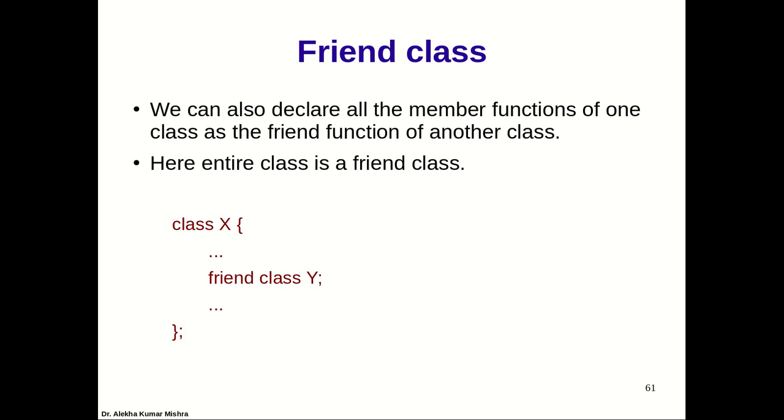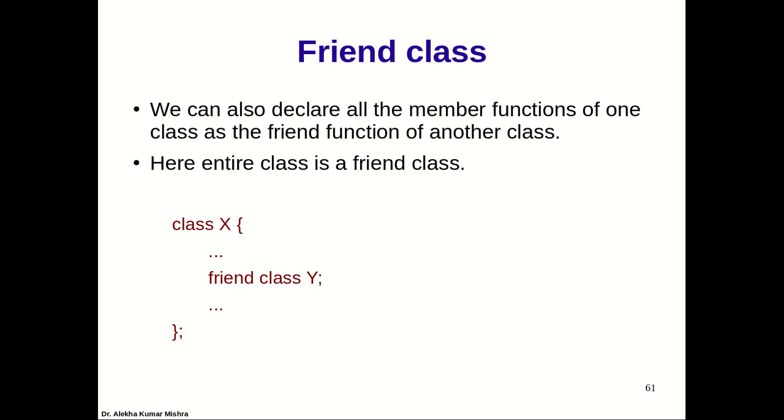So when we make a class, say for example Y, a friend of the class X, then all the member functions defined inside the class Y have direct access to the private data members of X.